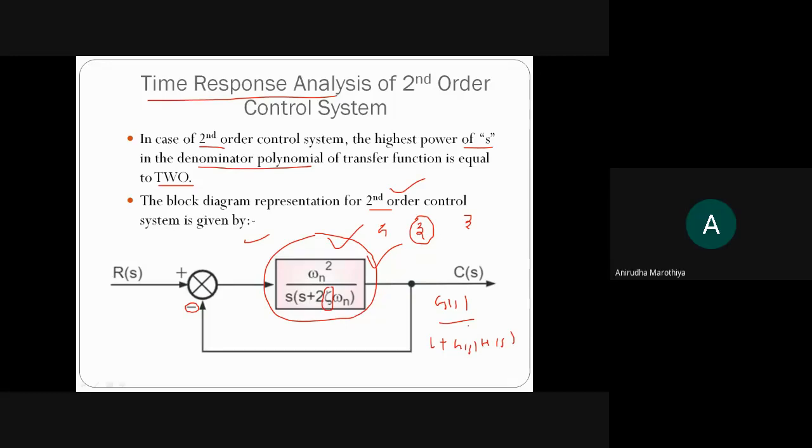Yes, sir. Okay, now apply elimination of closed loop and let us try to find out the overall transfer function, or you can say closed loop transfer function of that particular system, g of s upon 1 plus g of s into h of s, and check whether you are getting this as an output or not. Put g of s upon 1 plus g of s into h of s.